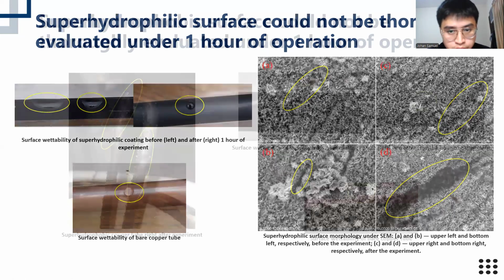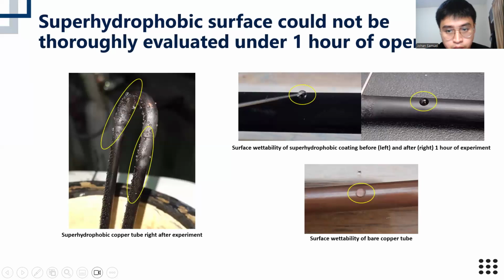And for the superhydrophobic surface, the figure on the left shows that right after the experiment, it was covered by condensate in the form of droplets.